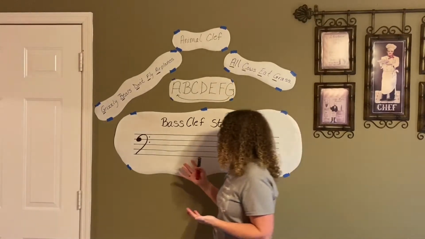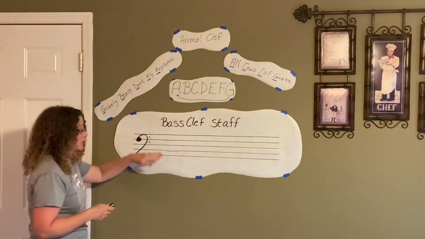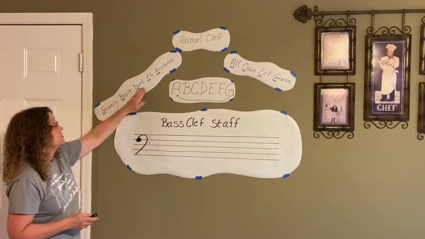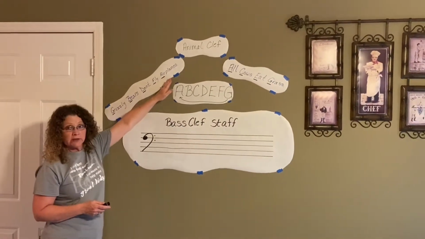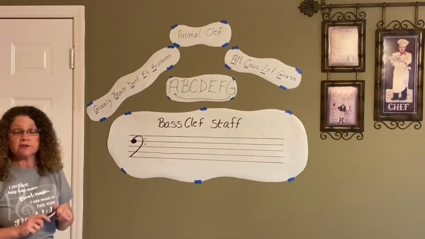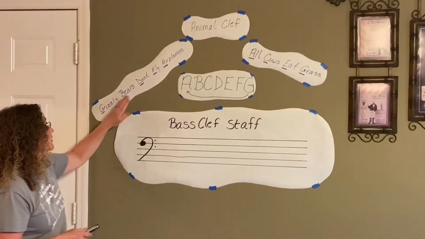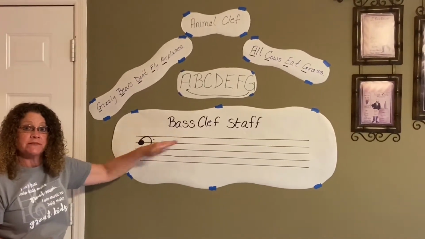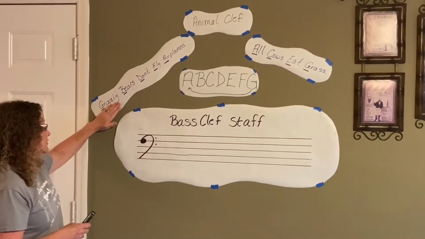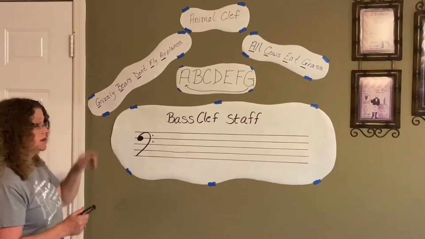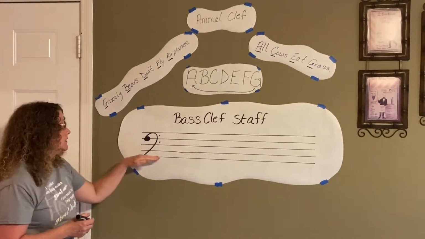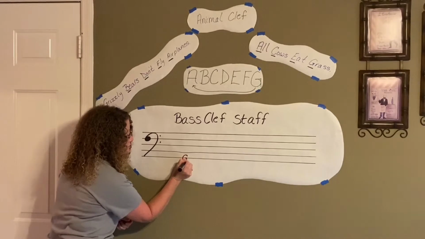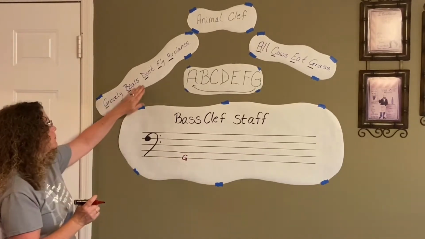So the bass clef sentence for the lines is: grizzly bears don't fly airplanes. And again, we're using the first letter of each word for the pitch name of the line. So if grizzly is our first word, G is the first letter of that word. Line 1 of the bass clef is G. Grizzly bears.